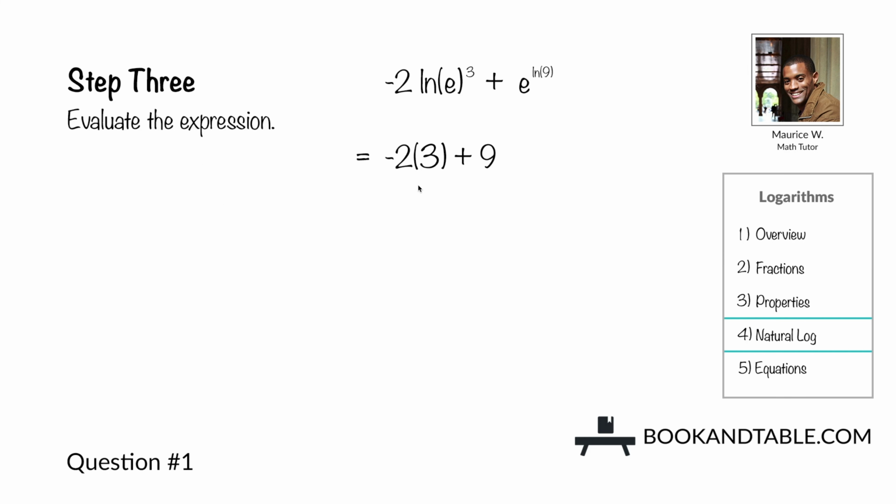And now we want to evaluate. And -2 times 3 would give us -6. And -6 plus 9 is equal to +3. So we find that the expression is equal to 3. And that is the answer to question number 1.